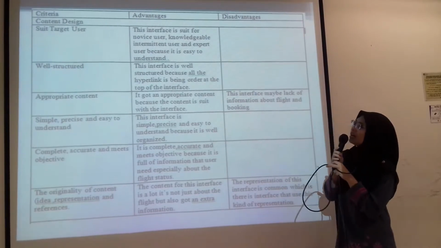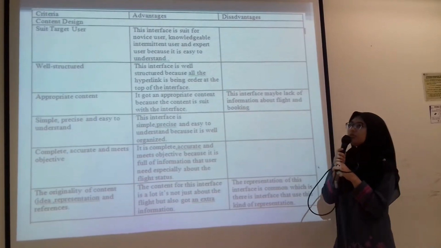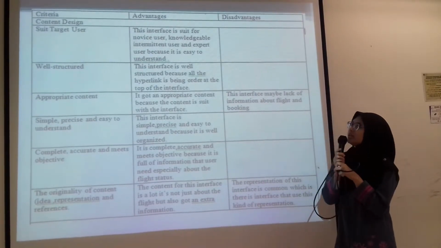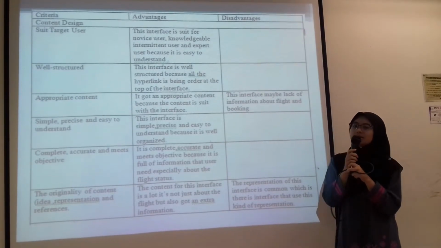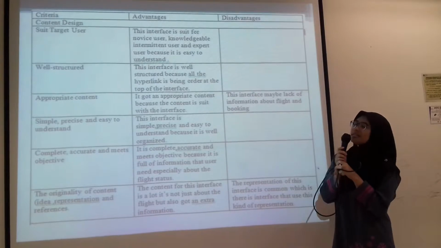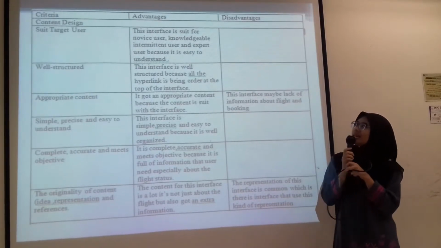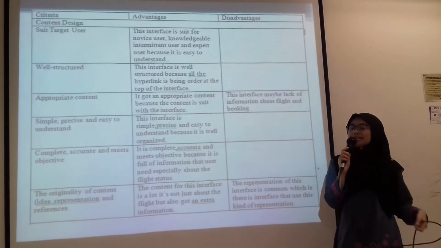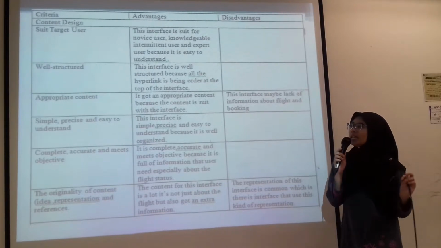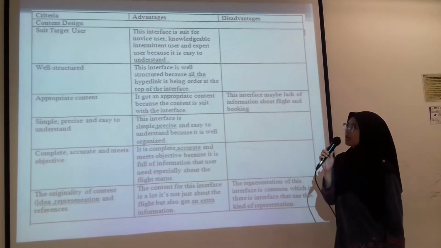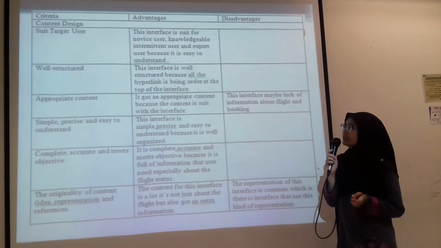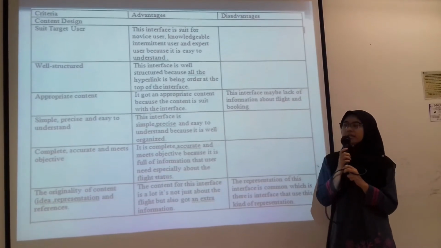First, we look at the content design, which is whether it suits the target user. This interface is suitable for novice users, knowledgeable intermediate users, and expert users, because it is easy to understand. This interface too is well structured because we have the hyperlinks ordered at the top of the interface.